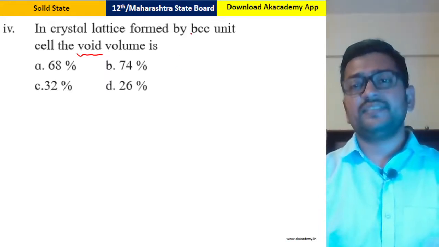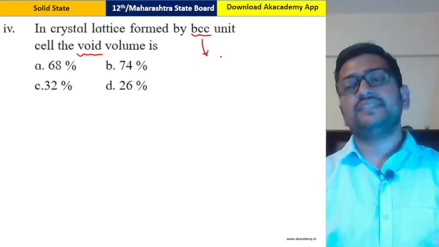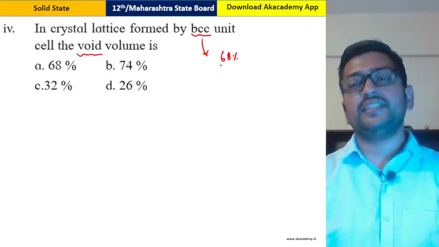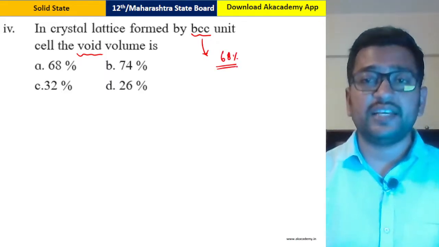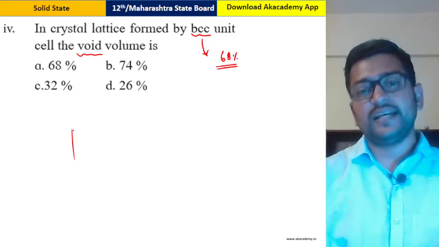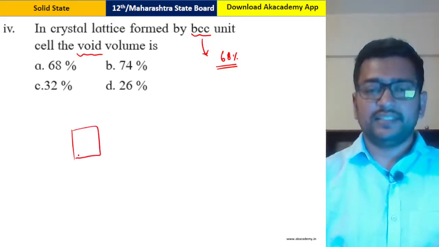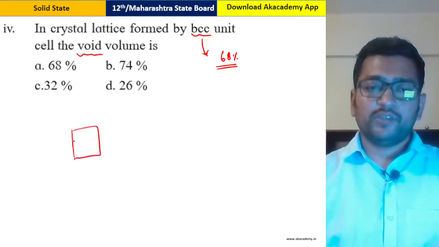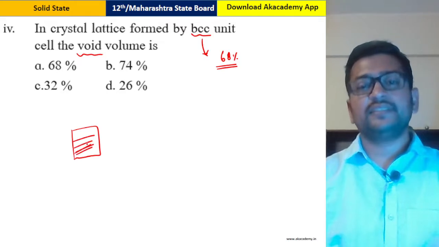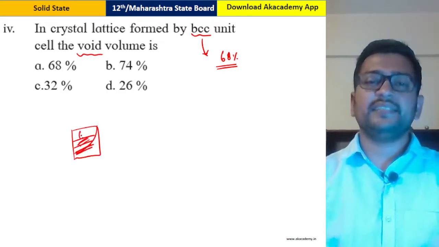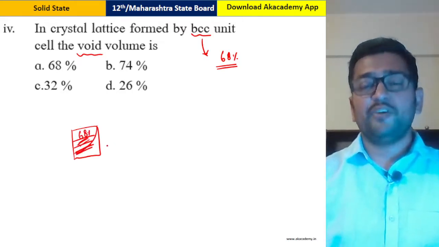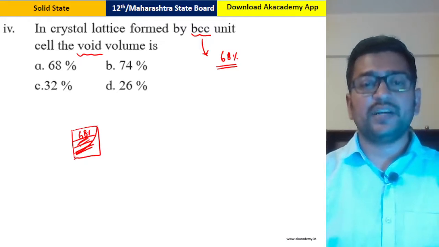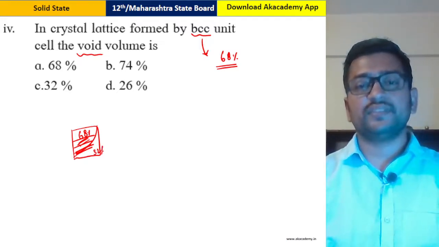In case of BCC, we all know that 68% of the volume is already occupied. So just imagine if this is the unit cell. In this case, 68% of the volume is occupied, and how much will be left? 32% will be left.